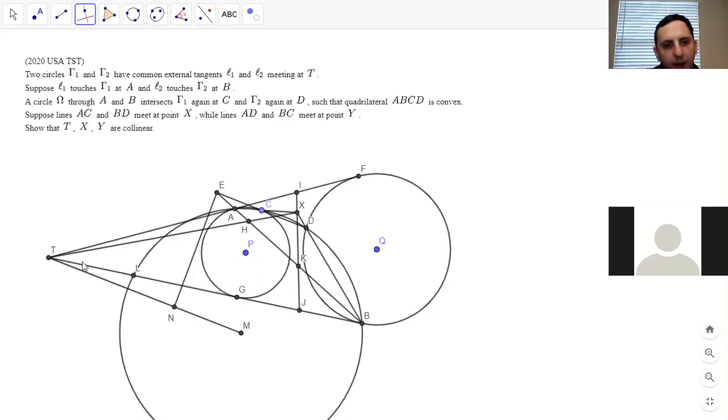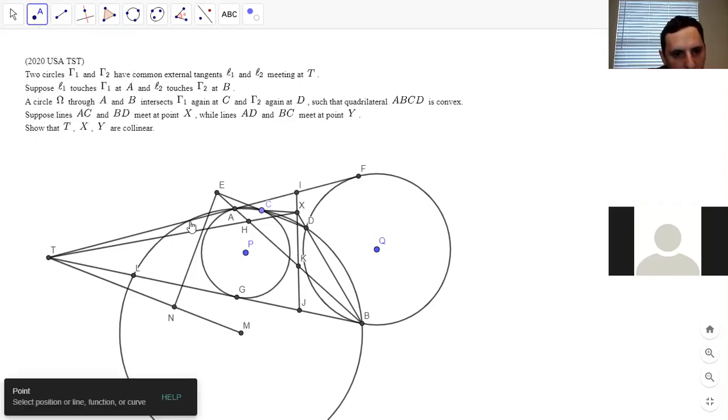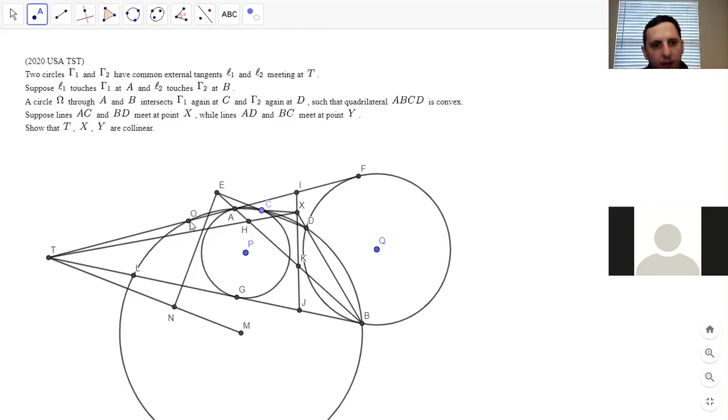So TL times TB, you draw those 2 points. Maybe it's worth drawing this point, because then we could show that NMOA is cyclic.